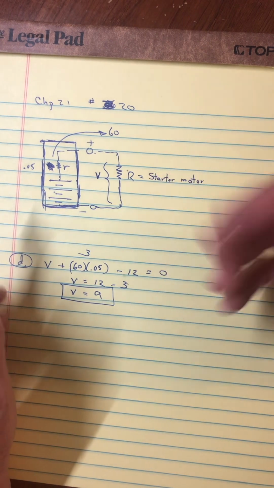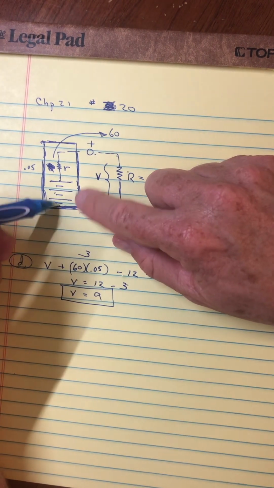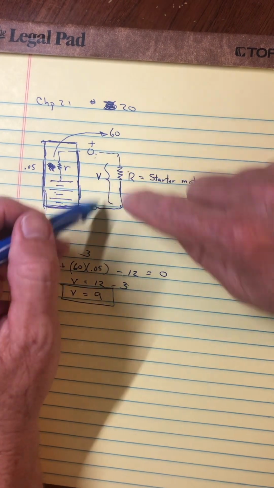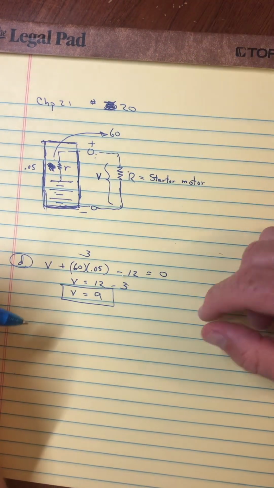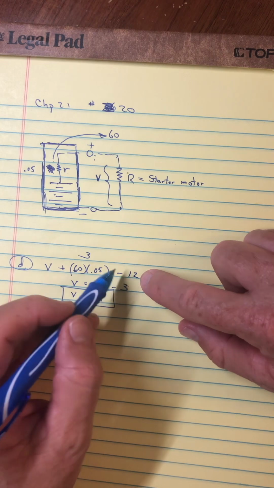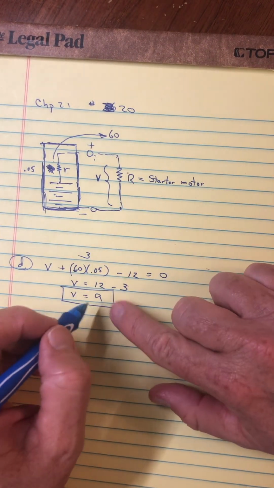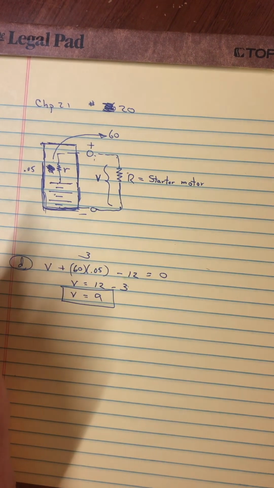And hopefully that makes sense, because the chemical reaction is producing 12, and we lose a little bit, 3, along the way, so the energy left is 9. So chemical gives us 12, we lose 3 trying to get it out, and so we only have 9 going to the starter motor.